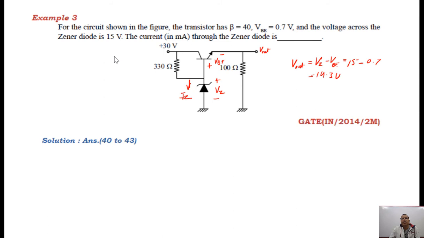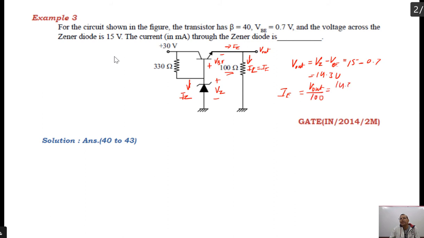Then what is current through the load? Current through the load is IL, which is same as emitter current of BJT. So, current through the load is nothing but emitter current of BJT, which is V out, output voltage, by load resistance. Load resistance is how much? 100 ohm. So V out by 100.